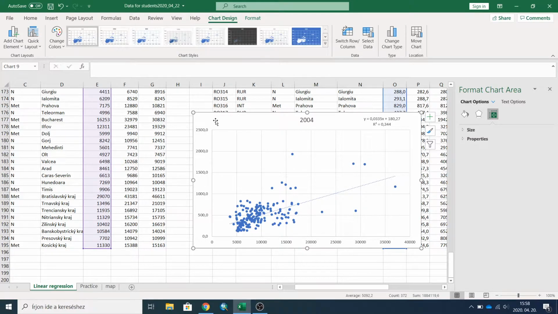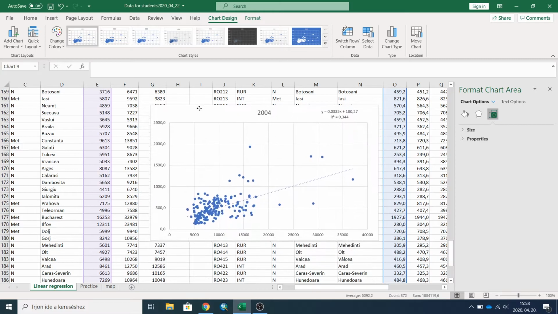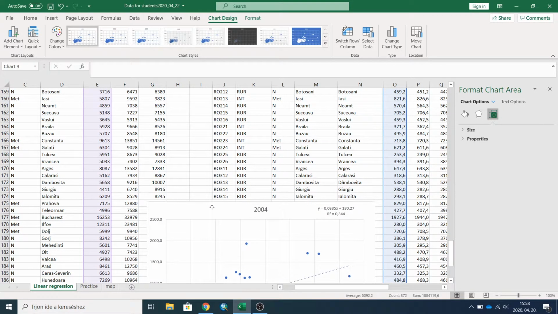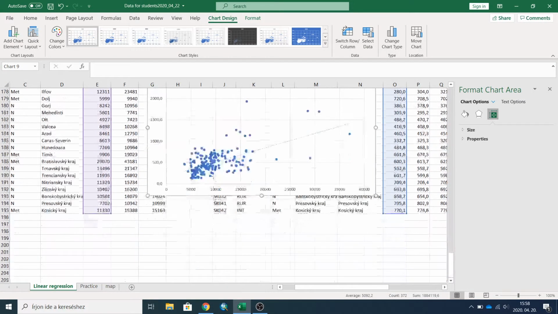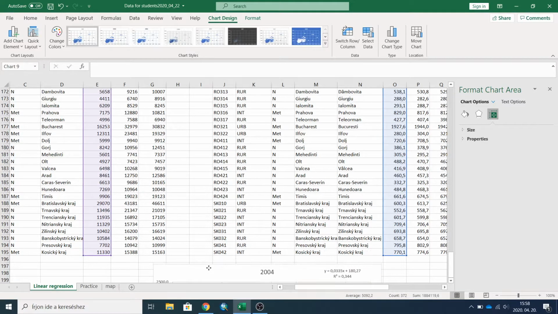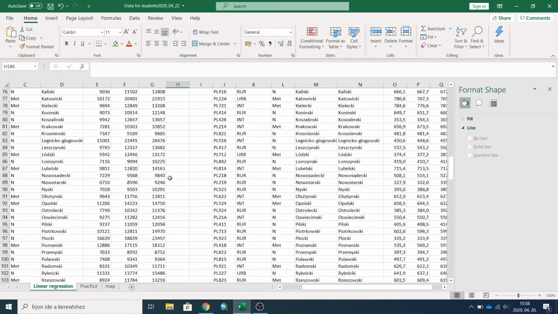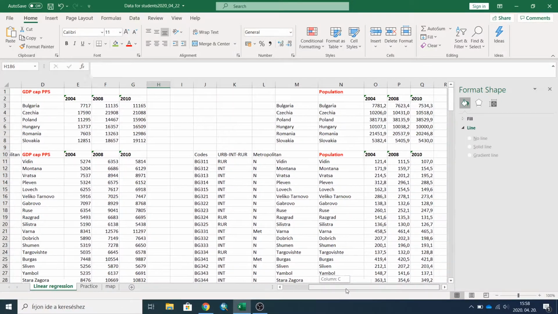So if you have to compare these variables, first of all, let's see 2008, the year of the financial crisis, and after that, see the 2010 variables. What is the difference between population and GDP per capita variables?